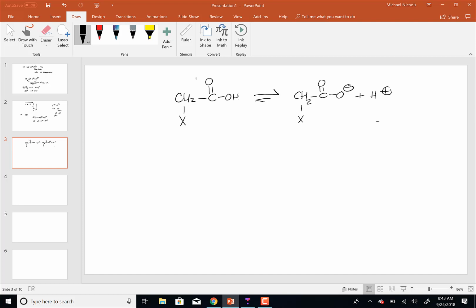Okay, so how am I going to push this equilibrium to the right? In other words, which molecule is going to have the most stable conjugate base? And everybody said Cl, right? Except one. Or most people said Cl.